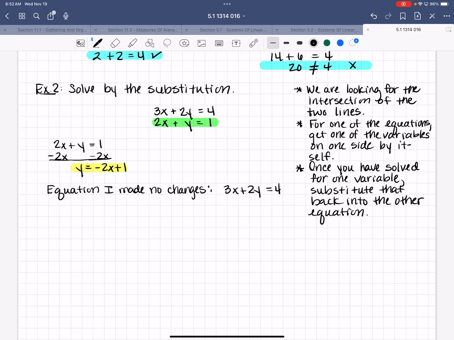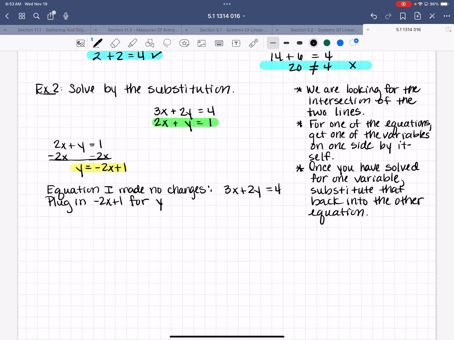Now, what I'm going to do is take that y equals negative 2x plus 1. I know what y equals, and I'm going to plug it into that first equation. Plug in negative 2x plus 1 for y.